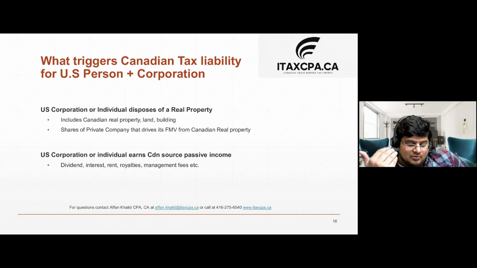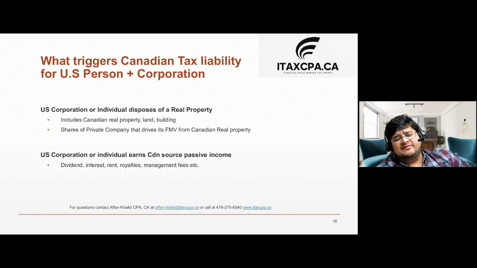If more than 50% of the fair market value of the shares of the Canadian private corporation is derived from underlying real property, those shares are tainted and are considered taxable Canadian property, and the same 25% withholding tax rules apply unless you can plan accordingly.